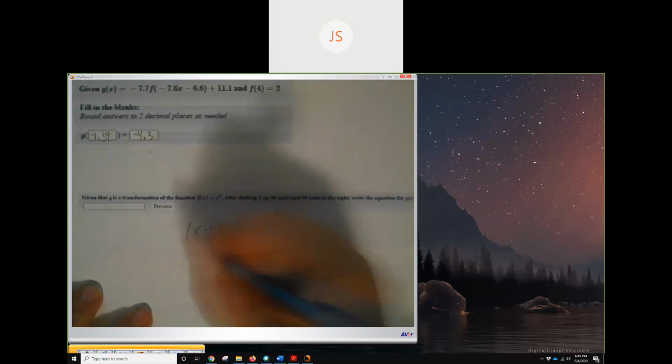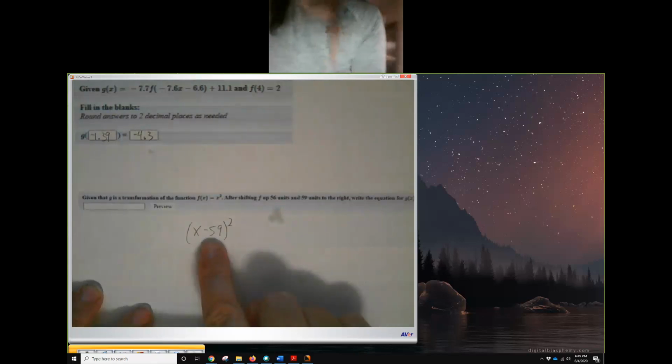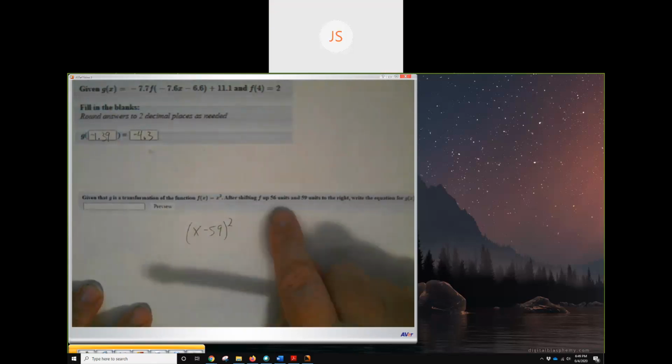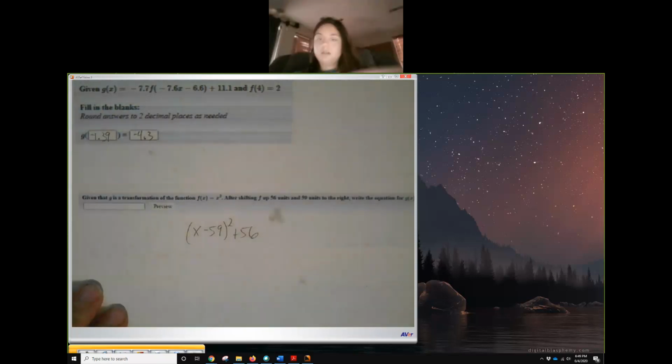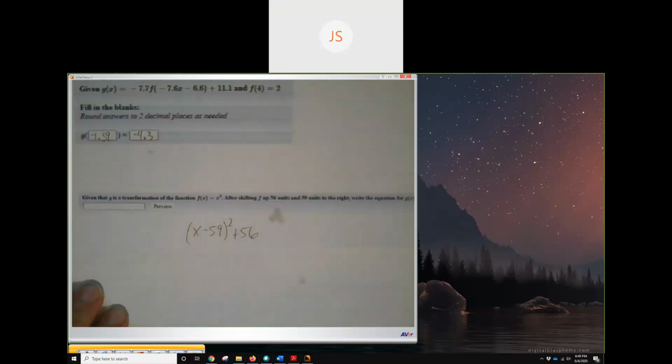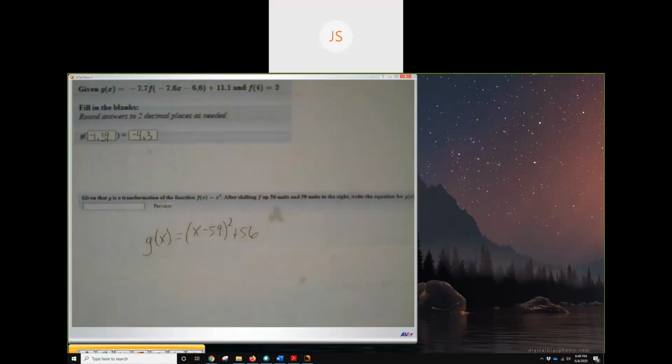So x minus 59 squared. That's my right shift by 59. And then up 56 units would be a plus 56 on the other side. And so we're probably going to want you to do it that way. But that's how you would write your new function.